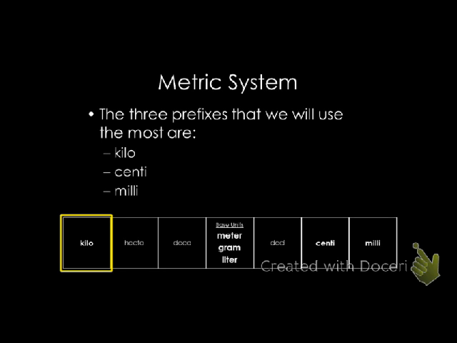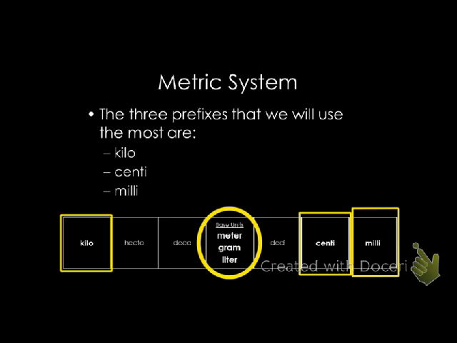It is actually the largest prefix. Centi and milli are on the far right. They are two of the smaller prefixes that we would use. And then also the base units that we typically use when it comes to the metric system are given in the middle, and we use those quite often as well.